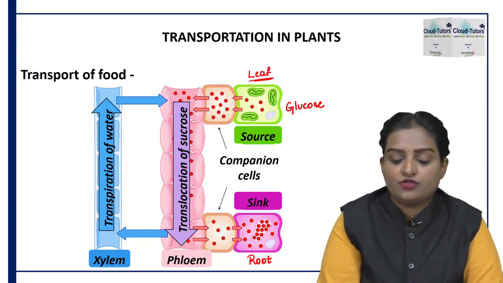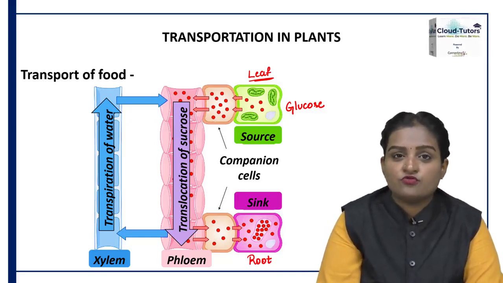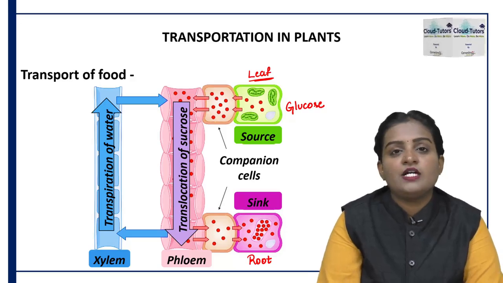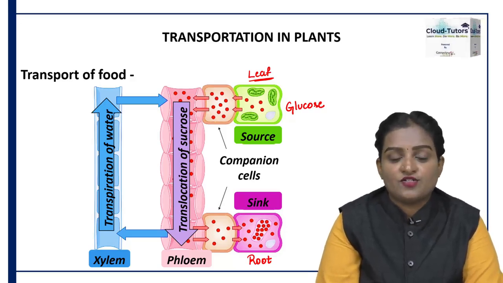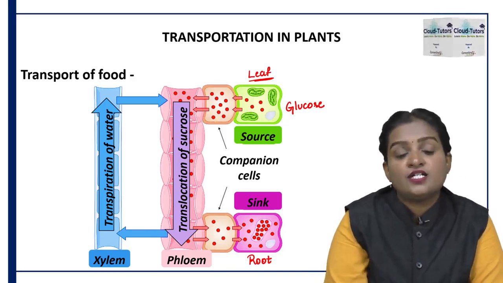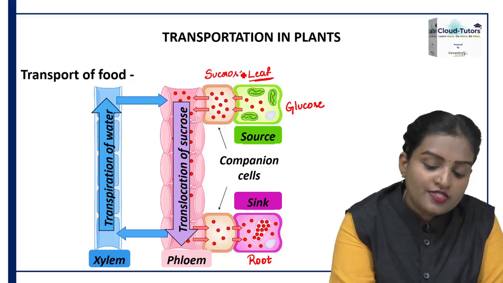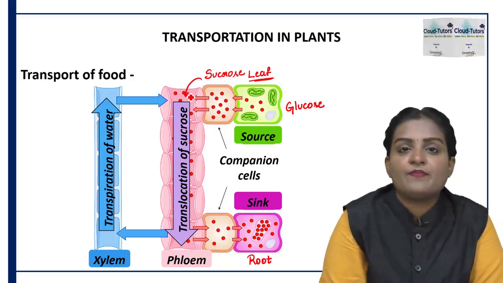So here we can take the example of root, for example sweet potato. How is it transported? Again, glucose can't be transported as it is because it increases the concentration of the solution. So glucose is first converted to sucrose, and sucrose will enter the phloem.